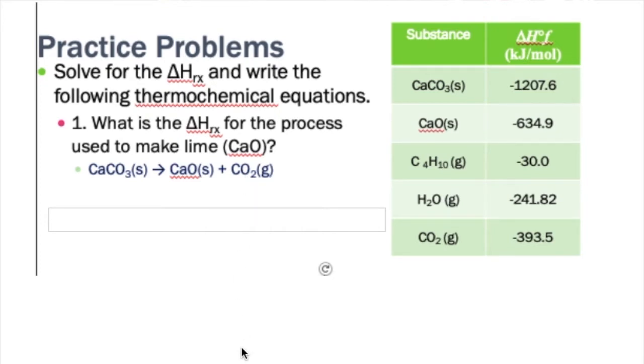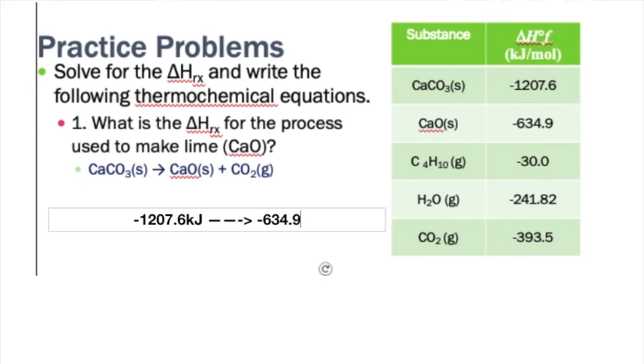According to the table, calcium carbonate has a heat of formation of negative 1,207.6 kilojoules per mole. So we are going to put that number below. And then we have calcium oxide on this side, and that one has a heat of formation of negative 634.9.